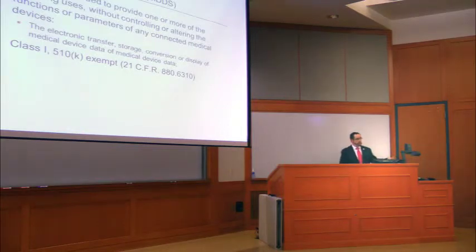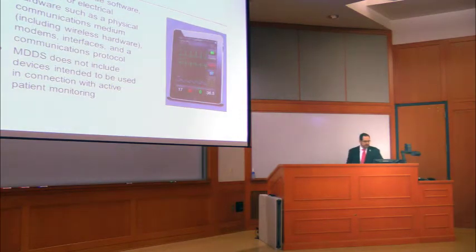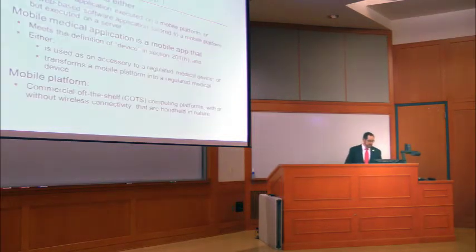Once you start adding alarms, bells, whistles, things like that, that's when you start entering into a higher risk category. As I say, the MDDS is not intended for active patient monitoring. So once you start actively monitoring patients, then you start going into a higher category of risk, which requires pre-market submission of some sort.